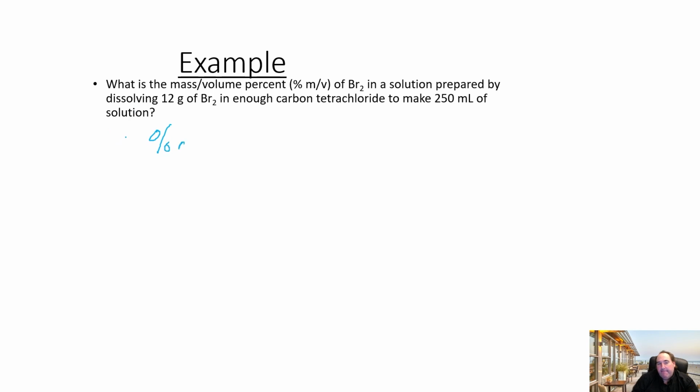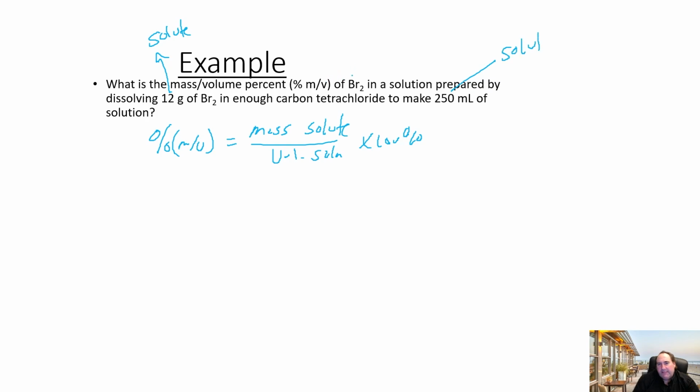So percent mass to volume here means that we want the mass of our solute divided by the volume of our solution times 100%. In this case, I think we got everything we need here. That is our solute, and then that obviously is our solution, as it says. And they're actually in the right unit, so we're good to go.